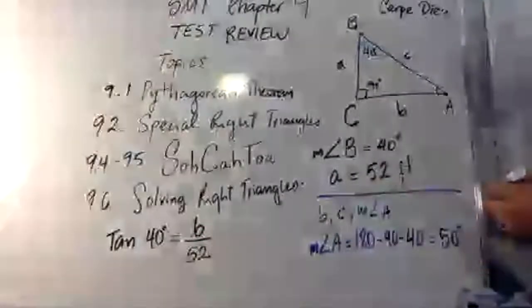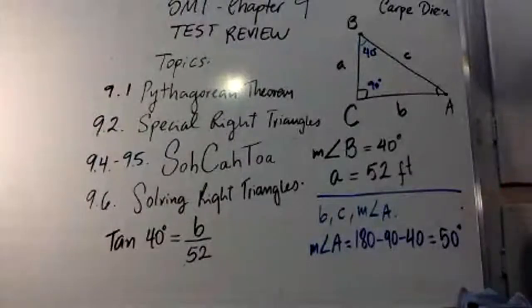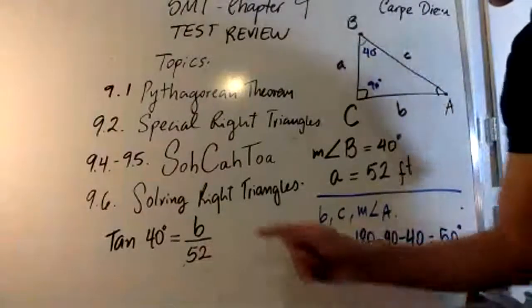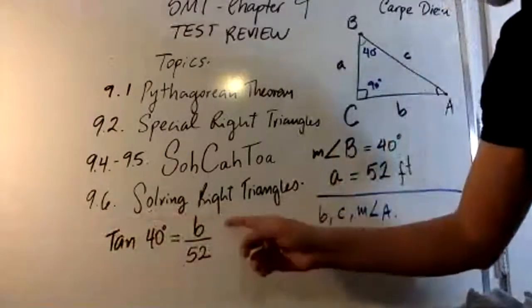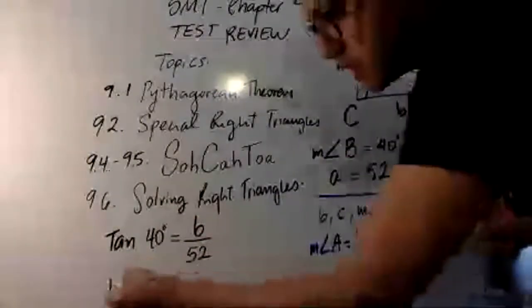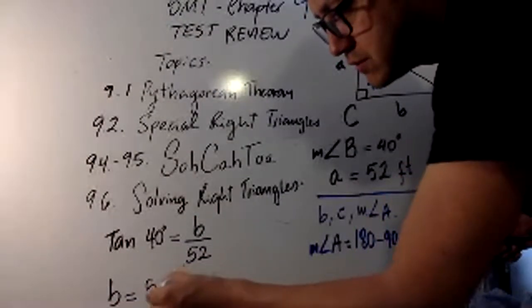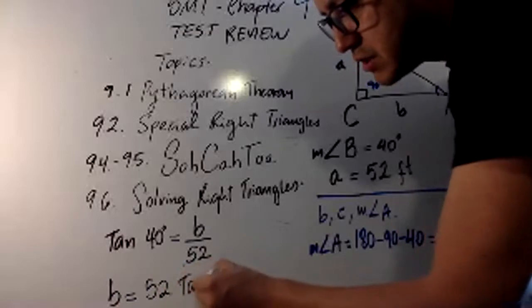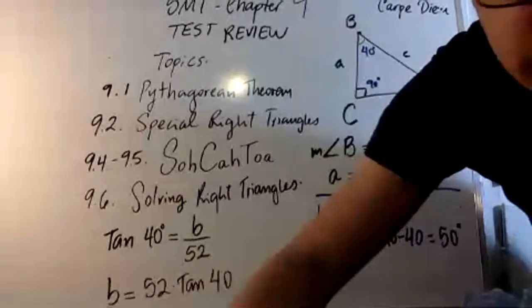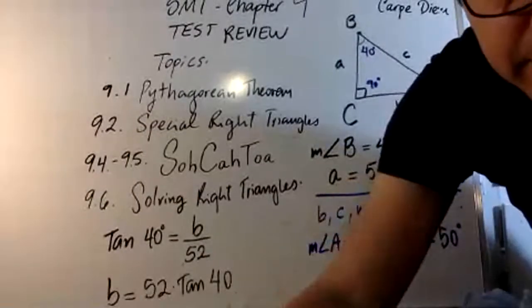You got it here, right? And remember, by the properties of equalities, I multiply by 52 on both sides because I want to know that B is equal to 52 times tangent of 40. And then I'm going to run the multiplication.